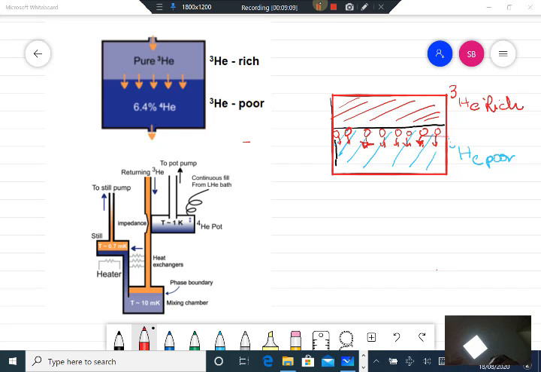So again there is evaporation of the higher energetic helium-3 molecules from the rich phase into this helium-3 poor phase. If we can manage to remove these higher energetic molecules from the helium-3 poor phase, then we can obtain cooling. Again, it is evaporative cooling.